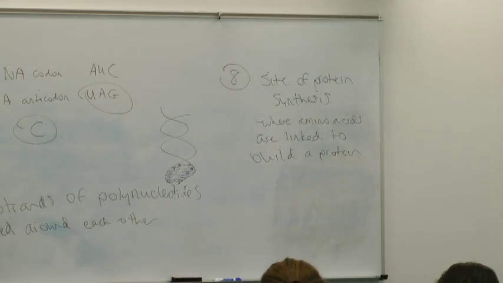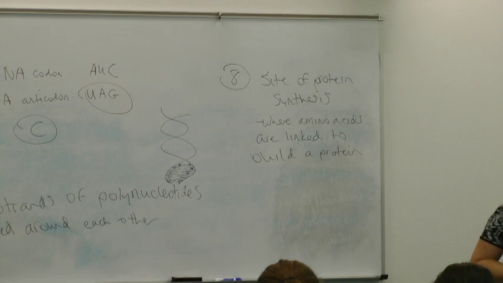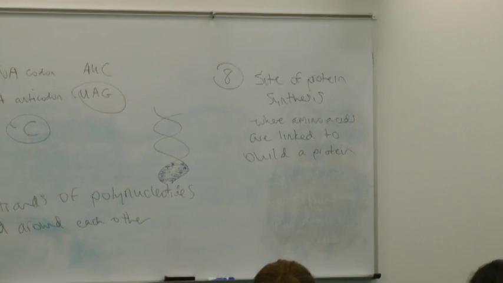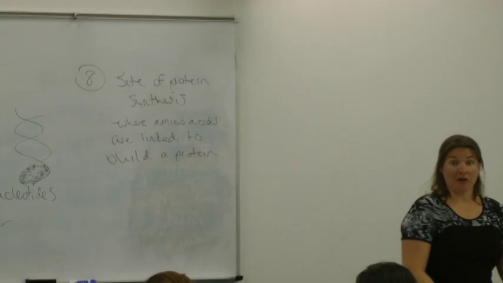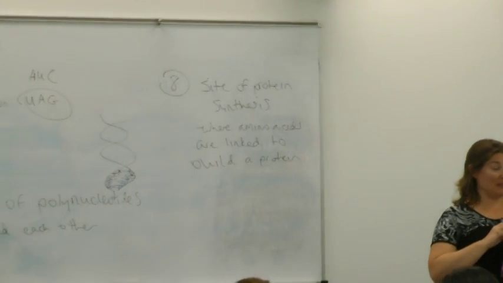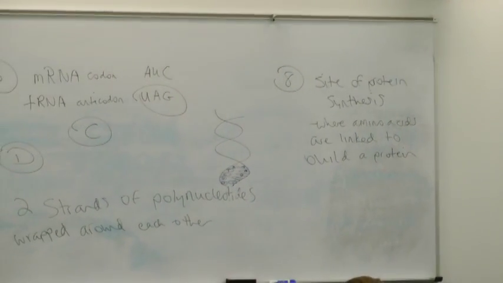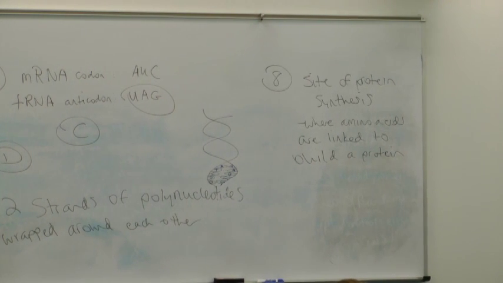What does that mean? Amino acids are being brought there by tRNA, and then our RNA is helping to link them together via a peptide bond to make a protein. Remember that?